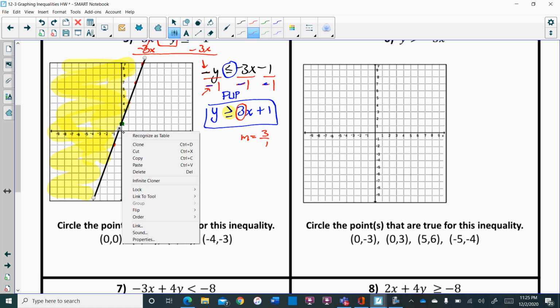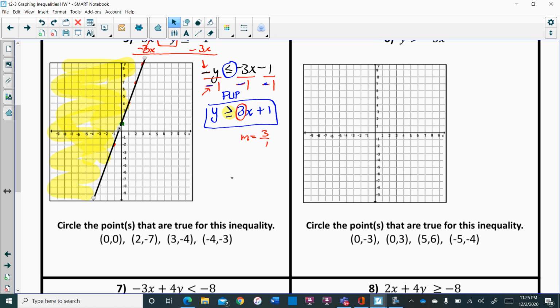Well, 0, 0 is not in the shaded region. Oops, I don't know why it's doing that. Let me fix that. Oh, that's better. If I plot the point 2, negative 7, that's here. That's not in the shaded region. Same thing if I did 3, negative 4.